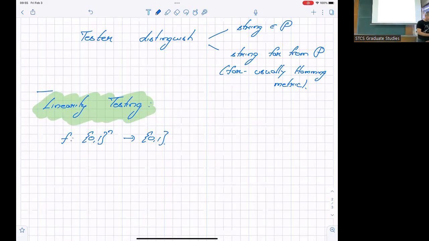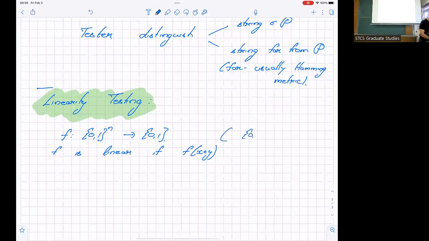And we'll say that f is linear if, so we identify 0, 1 with GF2. For linearity I need some underlying field. Later on we talk about generalization to other fields, other groups.